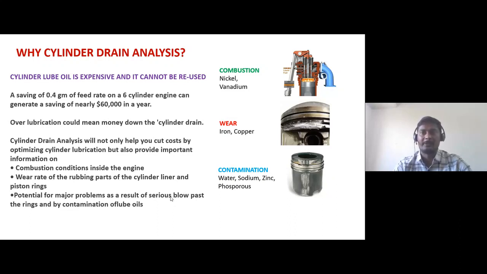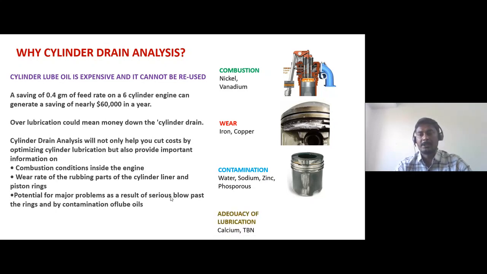Sometimes it is a stuffing box failure between system oil and cylinder oil. Water can also come from cooler pipes breaking, and zinc and phosphorus can also be seen in the coolants.